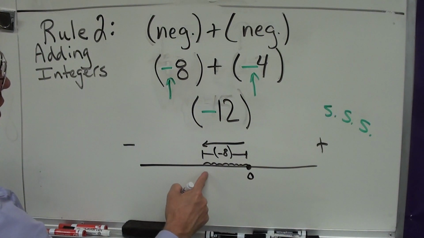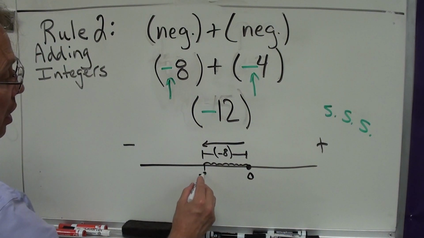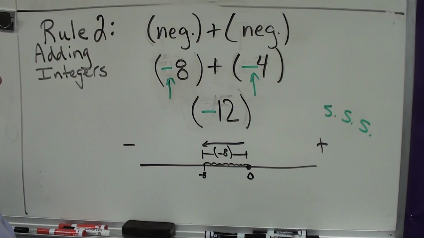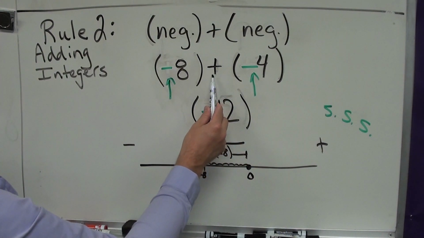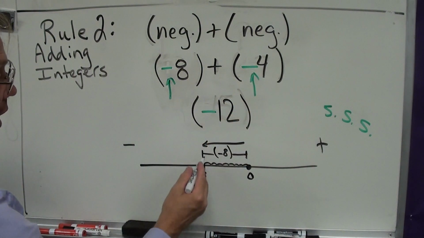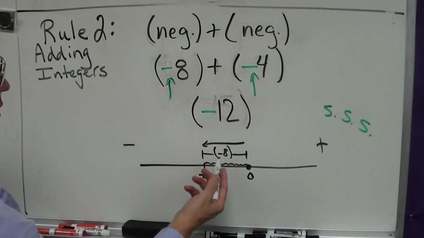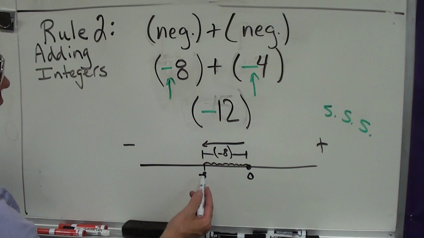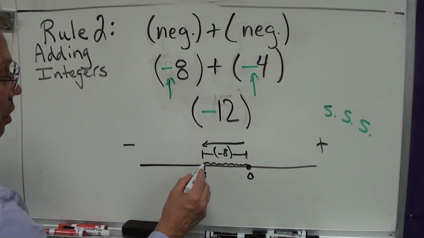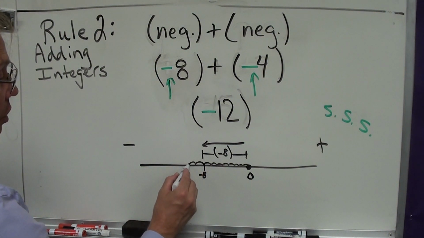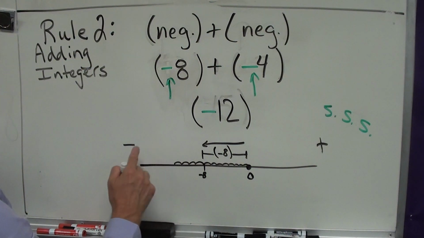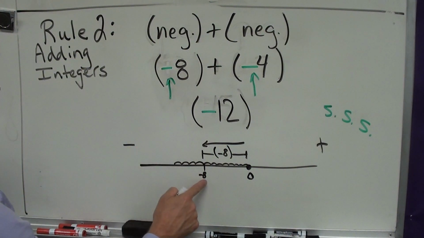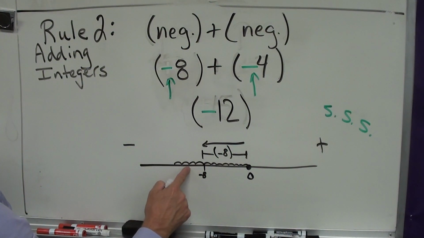Starting at 0, negative 8 is right there. If now I have a second event, negative 4, and I add that on, or it happens after the negative 8, I have negative 8 and then negative 4. 1, 2, 3, 4 in the negative direction. So from negative 8, it's negative 9, 10, 11, and 12. So this point here is negative 12.